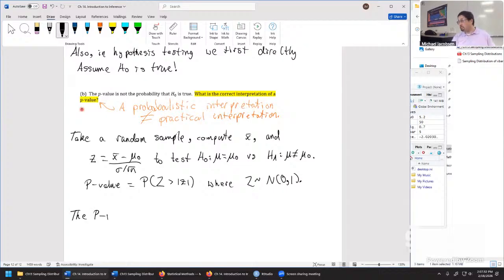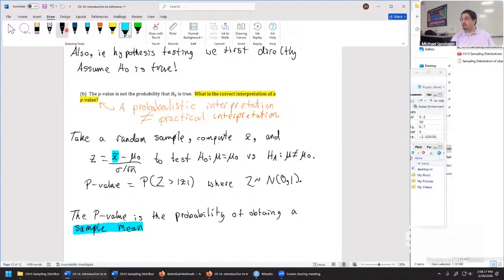The p-value is the probability of obtaining a sample mean, by sample mean we mean that x bar right there, as extreme as the x bar in our study.